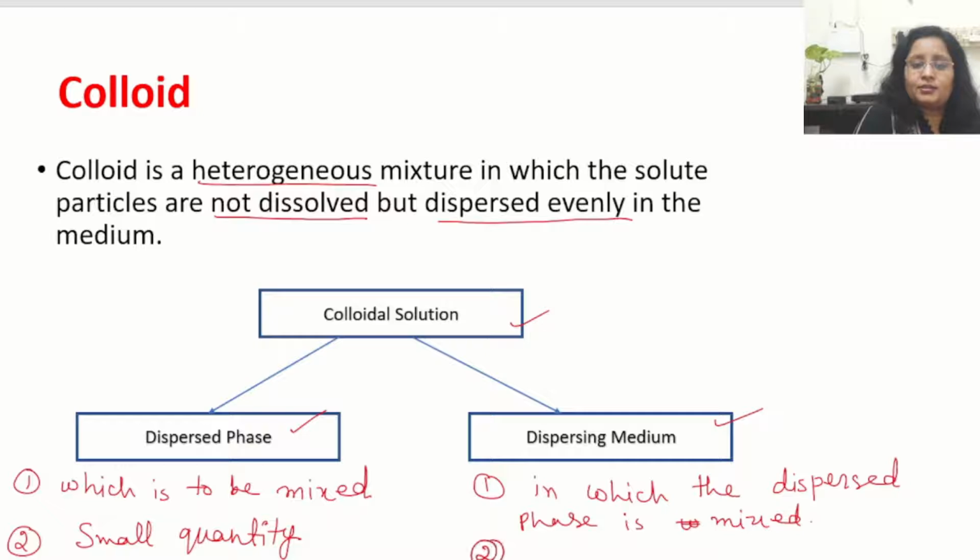The second point is it should always be in a bigger quantity comparatively. So the dispersing medium is in large quantity and the dispersed phase in the smaller quantity. And these are the 2 main points of the dispersed phase and the dispersing medium.